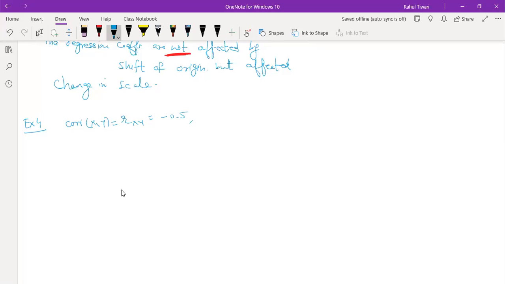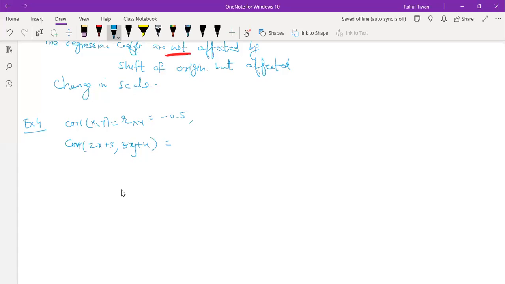So what could be the correlation between 2x plus 3 and 3x plus 4? Can anyone tell me what could be the correlation between this?